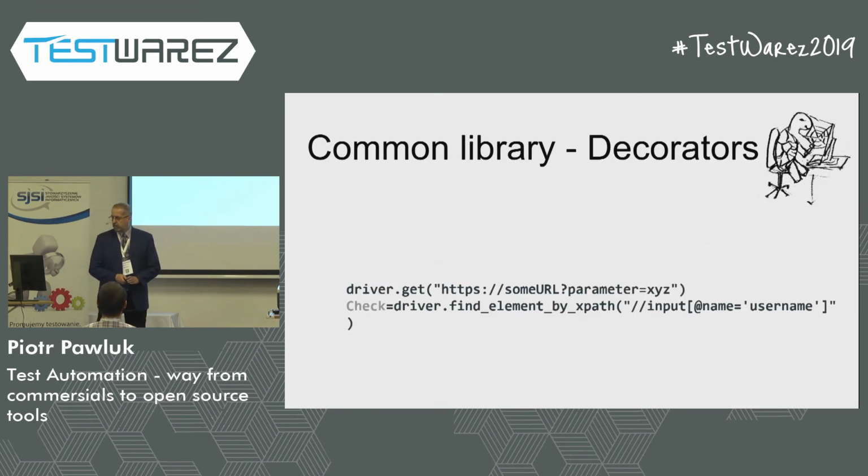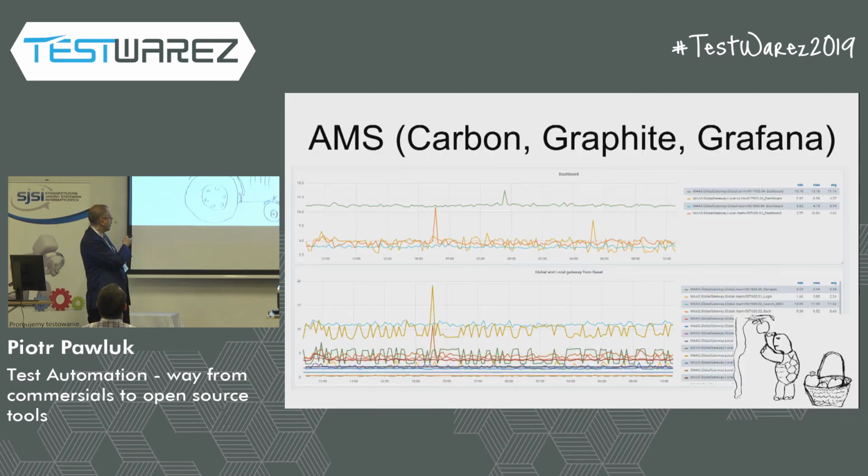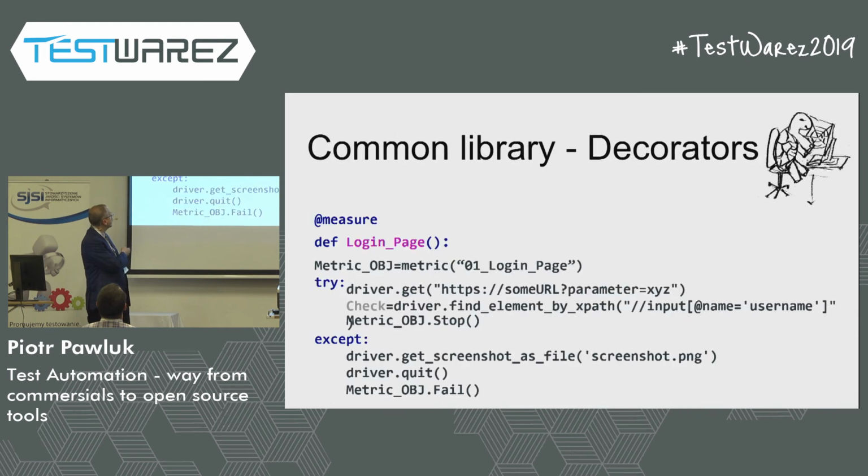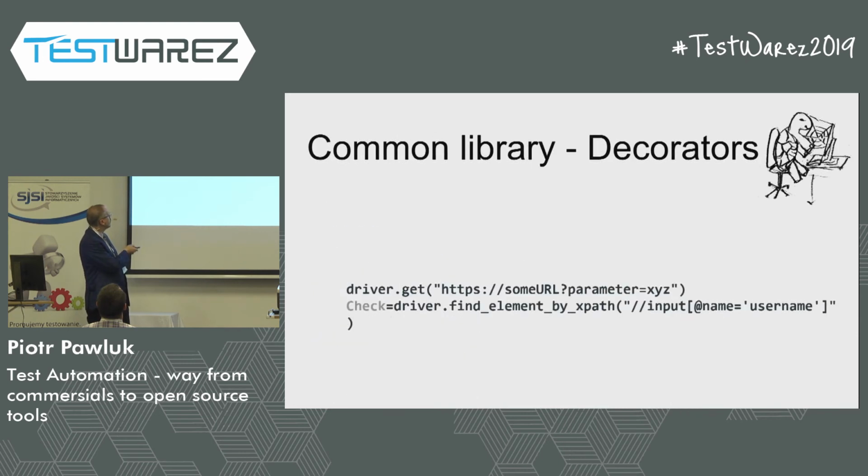Okay, and we have used decorators. So quite a nice feature of Python. For example, let's imagine you want to navigate to some URL and then verify if something was visible. Okay, and you want to measure the whole thing.